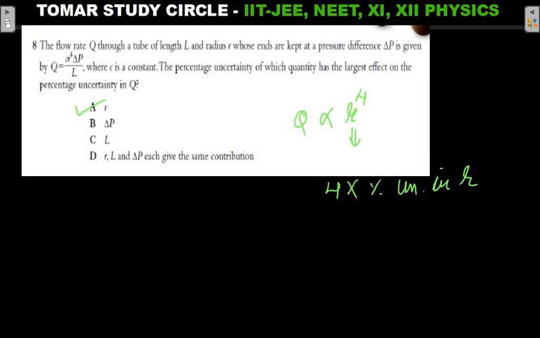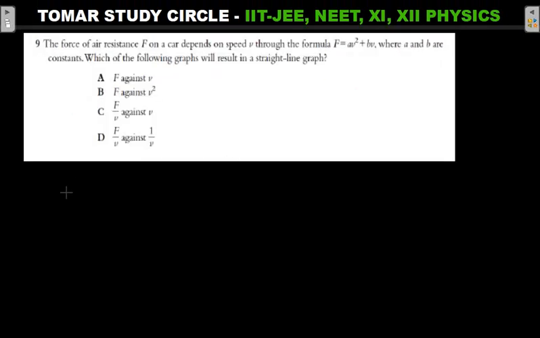The next question is here. The force of air resistance F on a car depends on speed V through the formula F equal to A V square plus B, where A and B are constants. Which of the following graphs will result in a straight line graph?